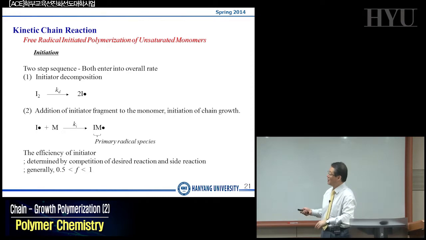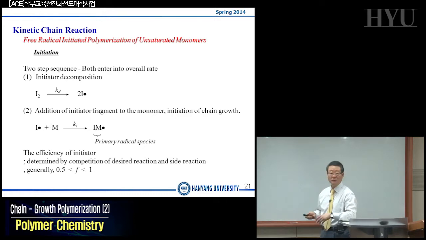Now, let's talk about the initiation reactions. Initiation reactions, again, we need to have an initiator. It becomes radicals. So last time we talked about the R dot. R dot is about the same as I dot, and it becomes 2I dot.